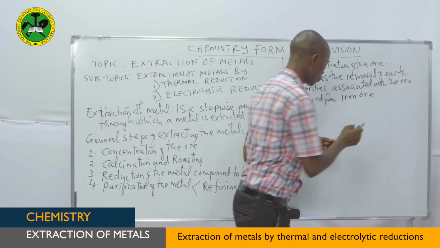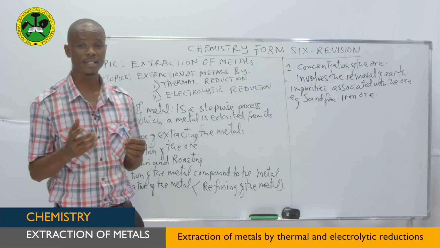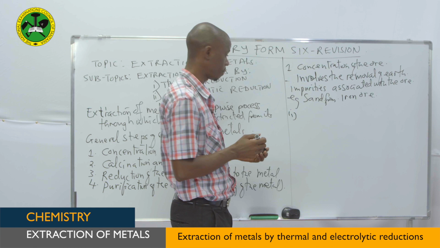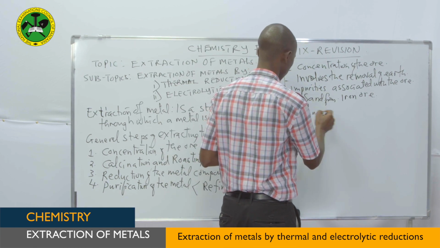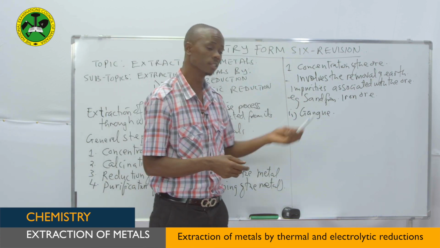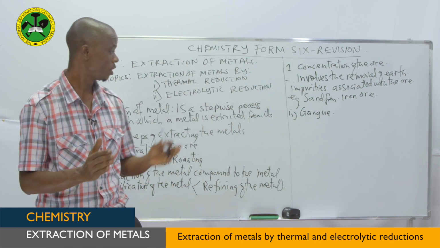Now, here there are terms that it is very nice for us to understand. The first term that we can discuss from this particular part is the gangue. When we talk about the gangue, we are talking about the earth impurities which are associated with the ore.